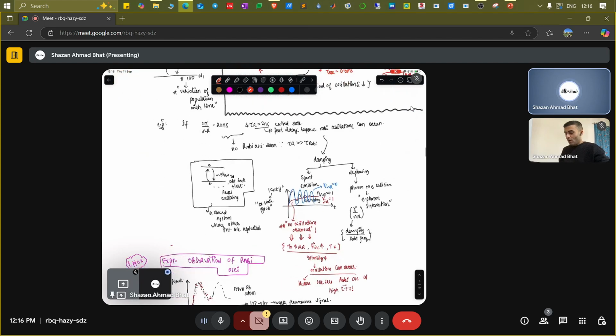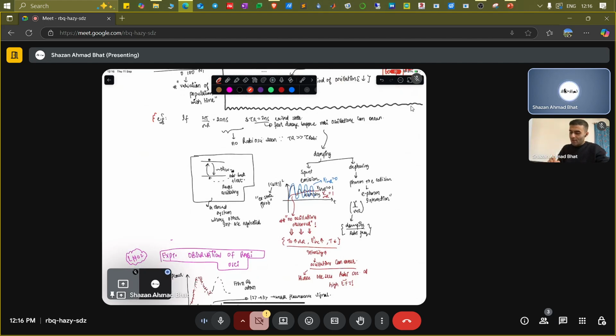Now there are certain scenarios wherein you can observe the Rabi oscillations or wherein you cannot. Let's say, for example, the time period of oscillation is 20 nanoseconds, which is the inverse of the Rabi frequency, and you have a radiative decay lifetime of 2 nanoseconds.